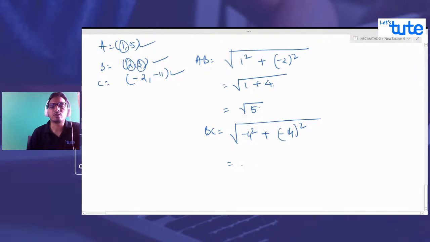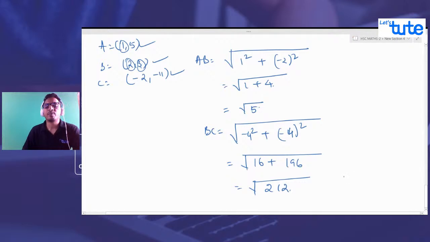So this would give us 16 plus 196, correct? Yeah, so that would give us 212. Okay, so here we got BC as square root of 212.